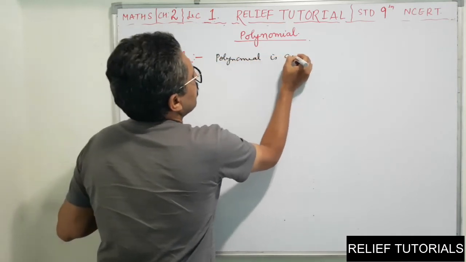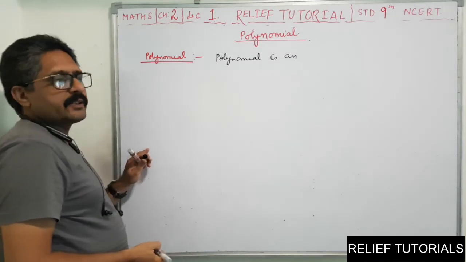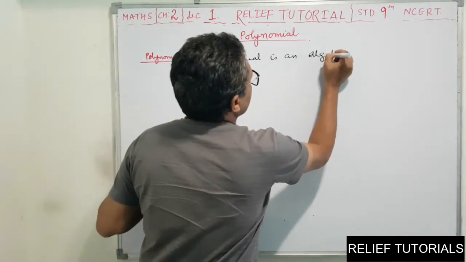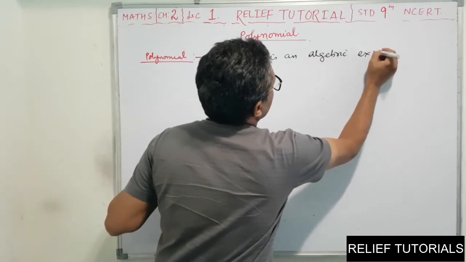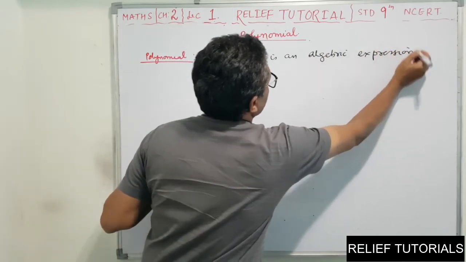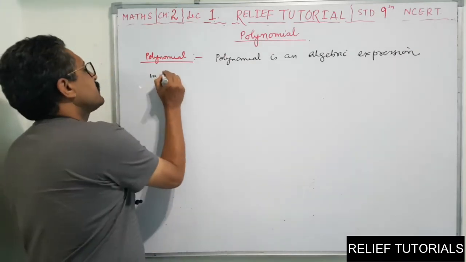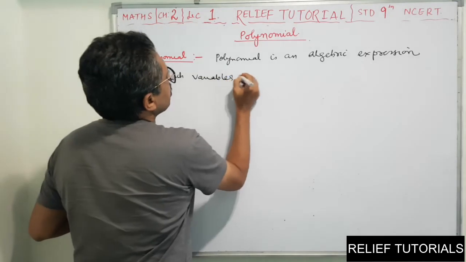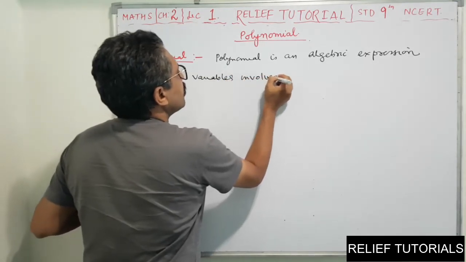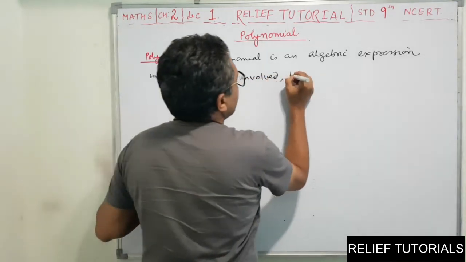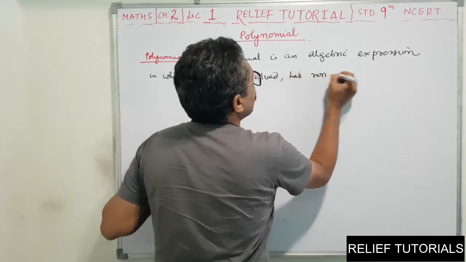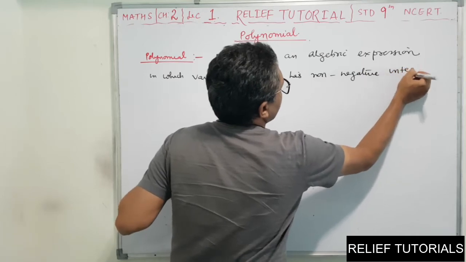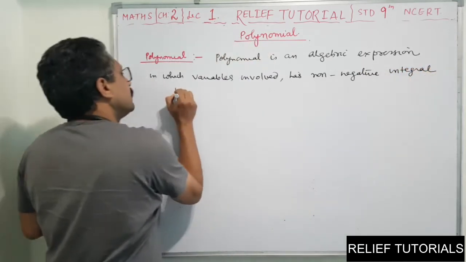Polynomial is an algebraic expression in which the variable involved has non-negative integral power.